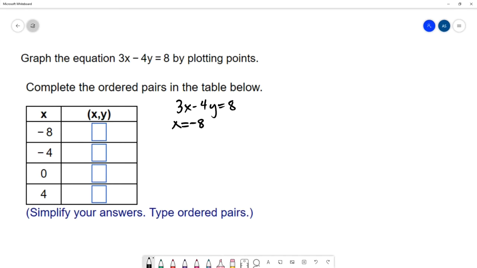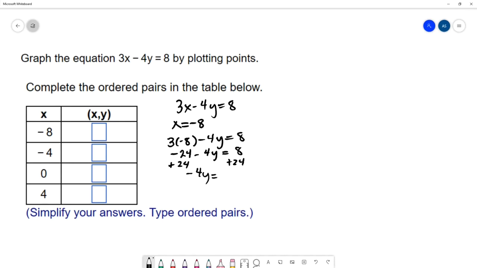That will give us the equation 3 times negative 8 minus 4y equals 8. 3 times negative 8 is negative 24. So that's negative 24 minus 4y equals 8. I'm going to add 24 to both sides.